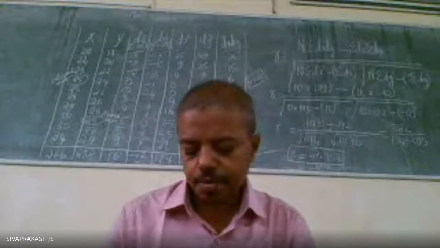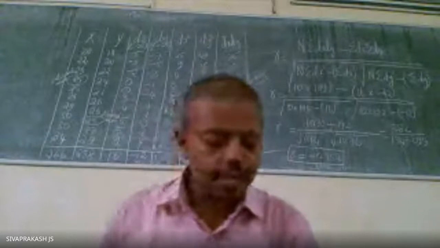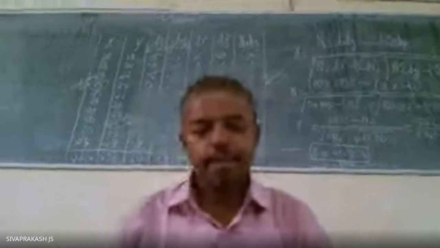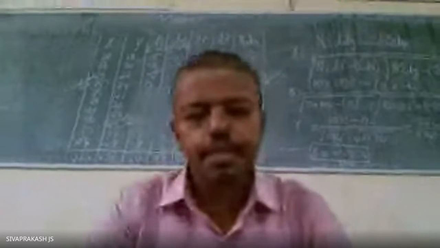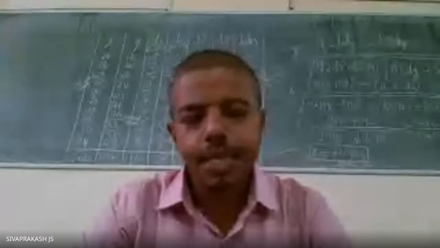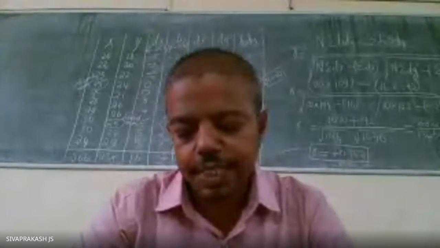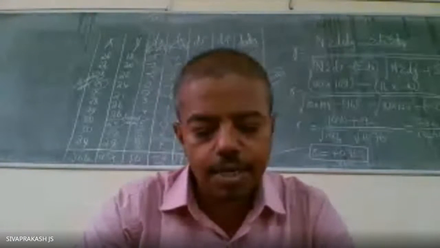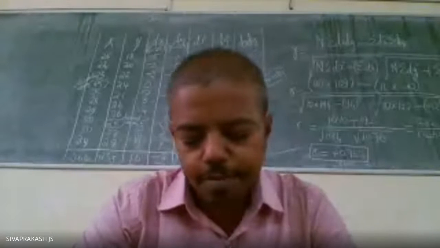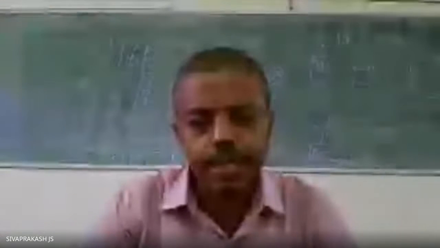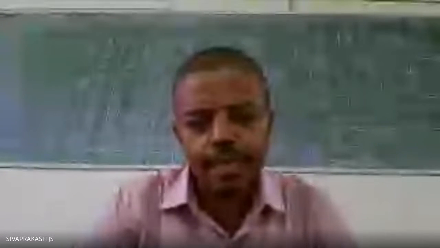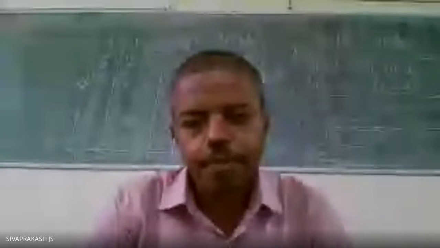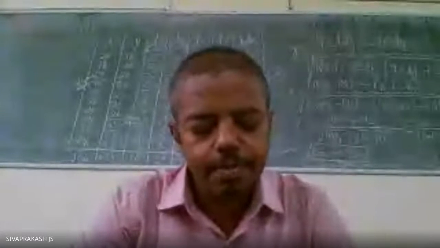Correlation. One is the scatter diagram method, and the second one is the calculation equation. There is the Karl Pearson coefficient of correlation. In the Karl Pearson coefficient of correlation, there are three ways. One is the direct method, that means the raw data method. Second, the actual mean method.